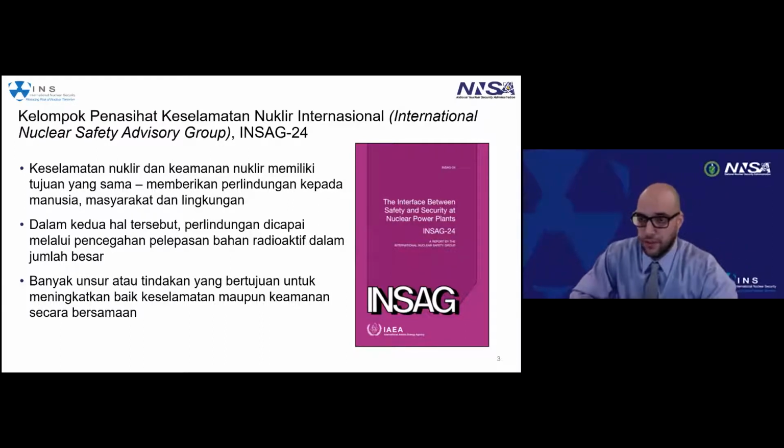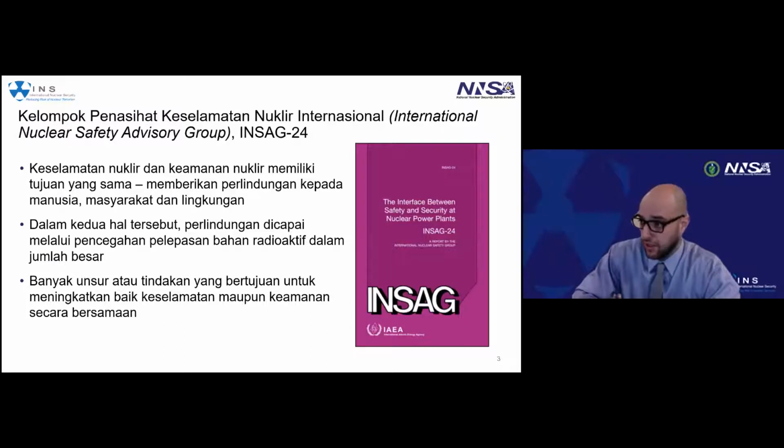One thing that is good to remember is that nuclear safety and nuclear security have a common purpose, and it is the protection of people, society, and the environment. So even though we're coming at the problem from different mindsets, the safety people with a more technical mindset and the security people worried about the protection of the facility, we both want the same thing, and it's to prevent large releases of radioactive material.